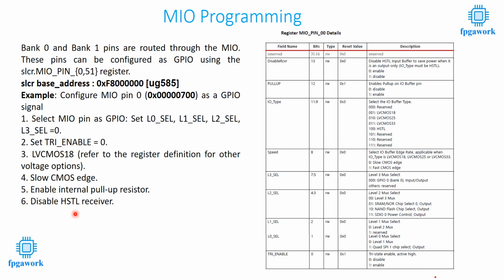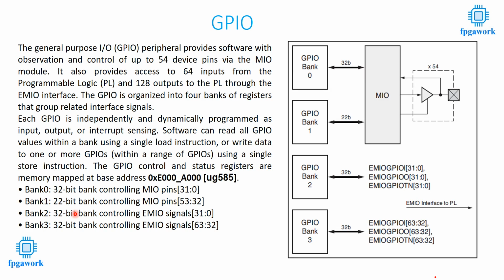We will do programming while we will be implementing GPIO. So we have a basic idea of MIO, then we have insides of MIO, then we had an example of how to program an MIO. Now we have GPIO.